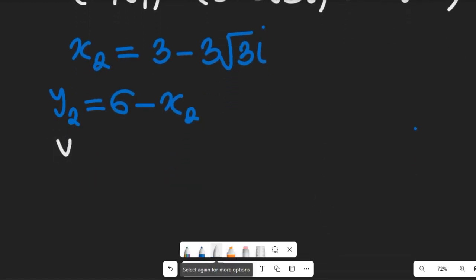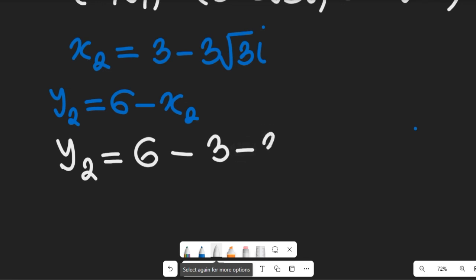Our y2 will now be equal to 6 minus 3 minus 3 root 3i.